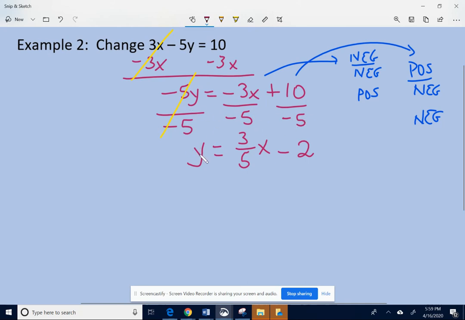That left me with y. Negative 3 over negative 5 reduces to a positive 3/5 because a negative divided by a negative is a positive. And 10 divided by negative 5 reduces to an integer negative 2. So we have y equals 3/5 x minus 2.